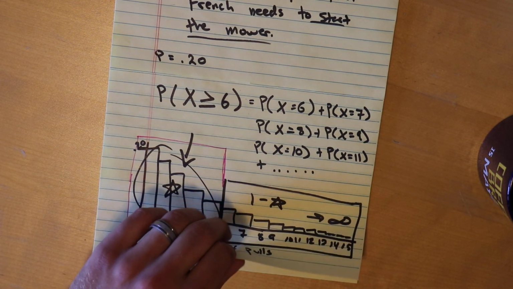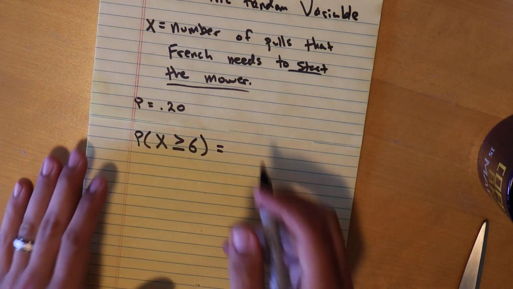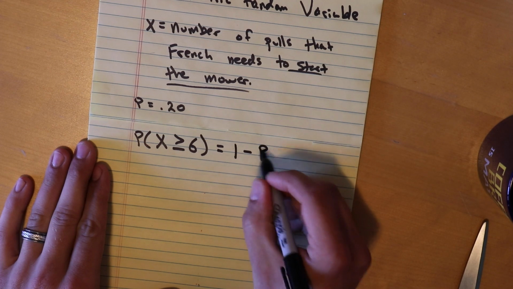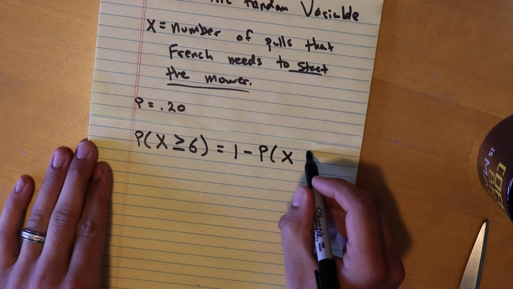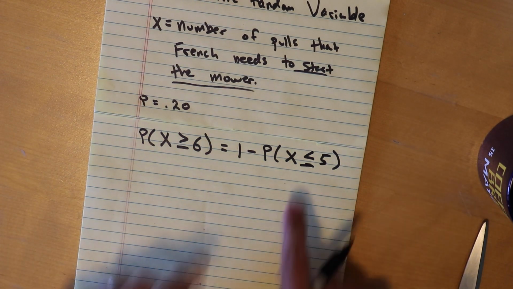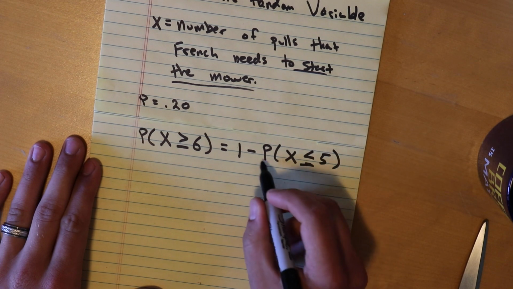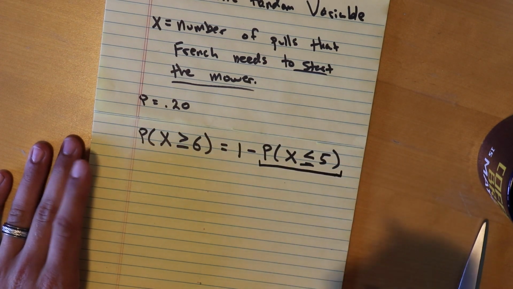Let's go ahead and do that. If I'm looking for the probability it takes at least 6 pulls, that is equal to 1 minus the probability it would take 5 pulls or less. So that's an accumulation of a few. Let's just find this first, and then we'll do the 1 minus.